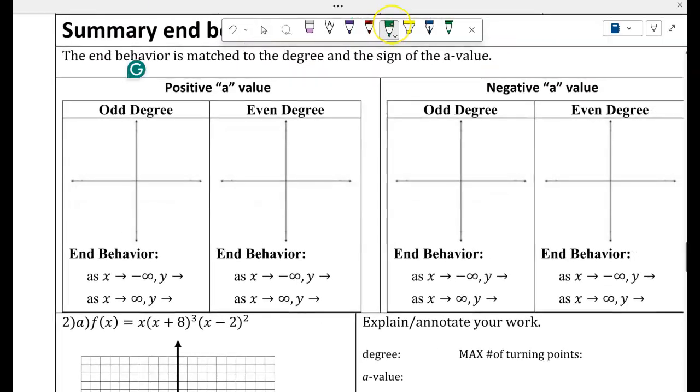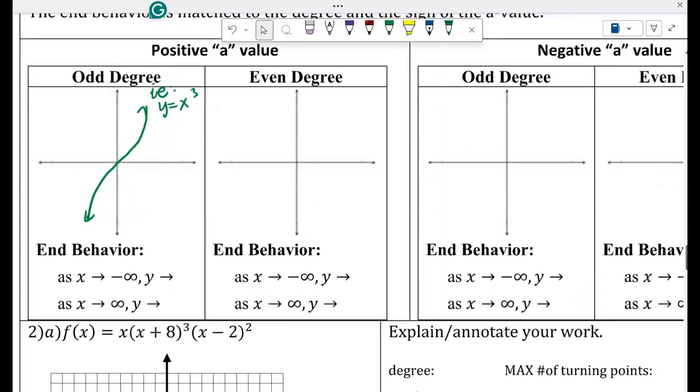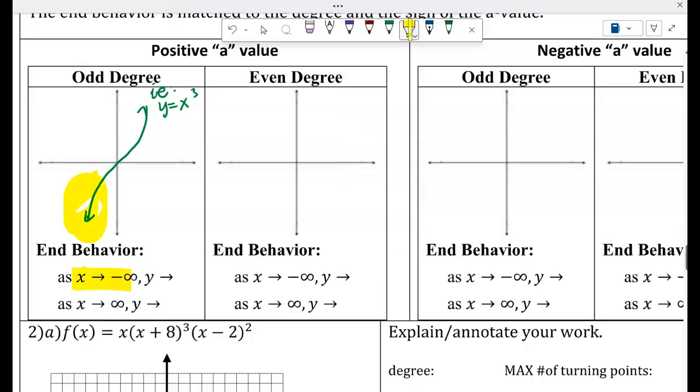Okay, so it starts on the bottom. I'm going to make a sketch really quickly. So for example, y equals x to the 3rd. When x is approaching negative infinity, which, remember, is over here, y is going down, and down means that's a negative infinity.